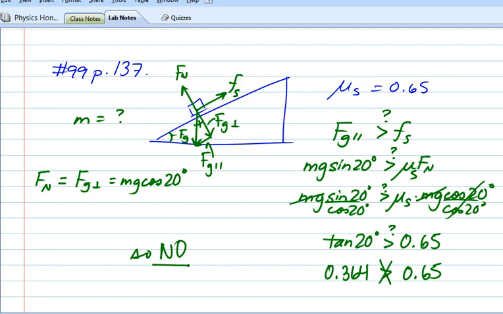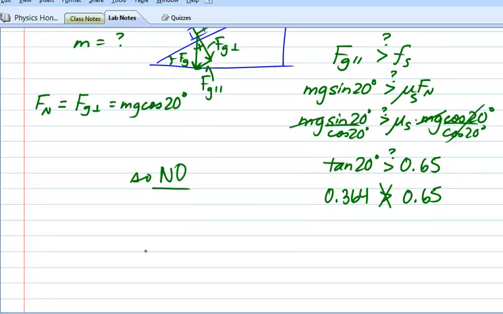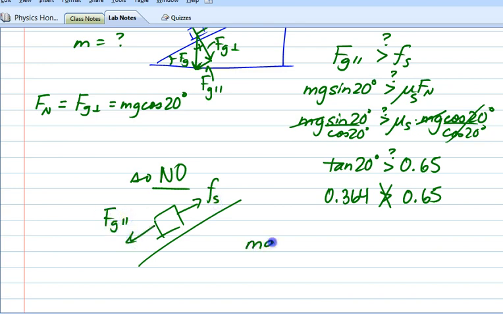Now a follow-up question would be, what angle does it have to be at in order to just start sliding down? In that case, we have the exact same setup, and we would have the force of friction equal to the force of gravity down the incline. We would have mg sine theta equal to mu mg cosine theta. And doing the same thing as before, we get the tangent of the angle is equal to mu static.